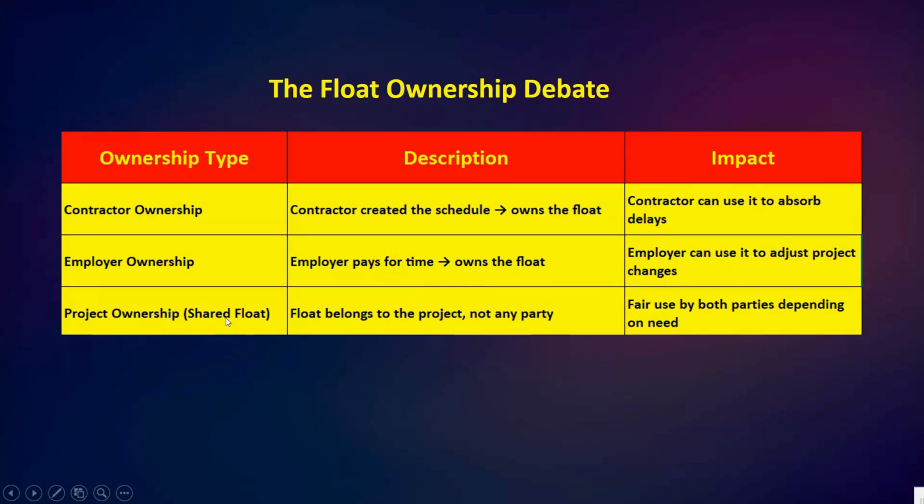Next, we have project ownership, or shared float. Float belongs to the project, not any party. So there is fair use by both parties depending on need. The ownership interpretation often depends on the contract terms and policies. Okay, so I hope this is clear.